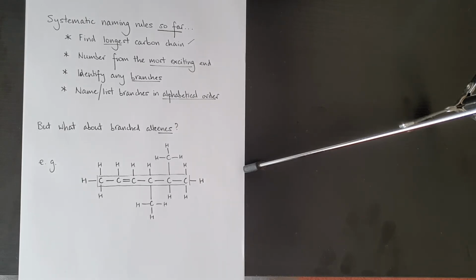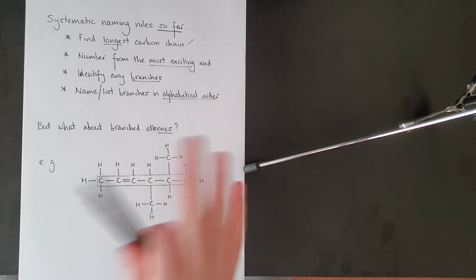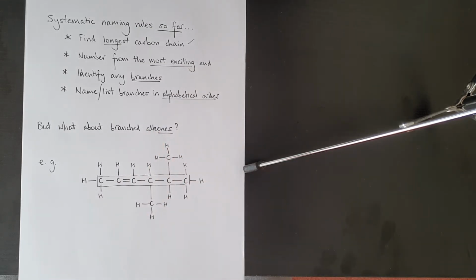So from now on, whenever you're trying to determine what is the most exciting thing, the most chemically active thing, if you like, if it's a functional group, that takes the priority. And a carbon-to-carbon double bond counts as a functional group. It counts as something that tells us what that compound is. And we'll come on to some more functional groups in the next topic. But for just now, the one that we know is this double bond.